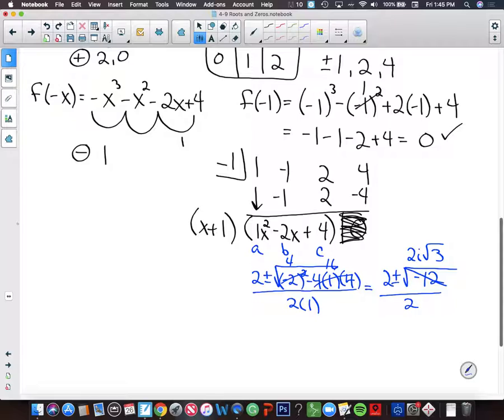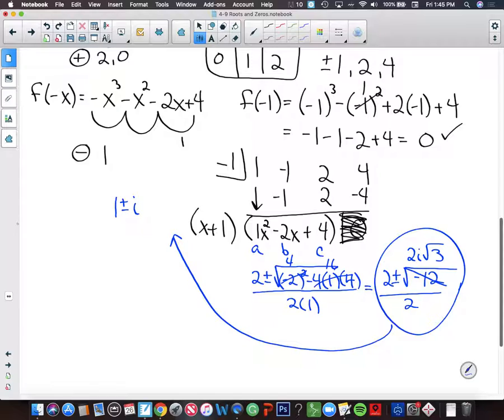Okay, so we have 2's in there that we can cancel them out. So when I do my cancellation here, it turns into 1 plus or minus i square root 3 because I just canceled out all the 2's. They're common, so it's kind of like canceling out or dividing factors. Okay, that gives me a couple zeros, and then I get my other 0 from that one.